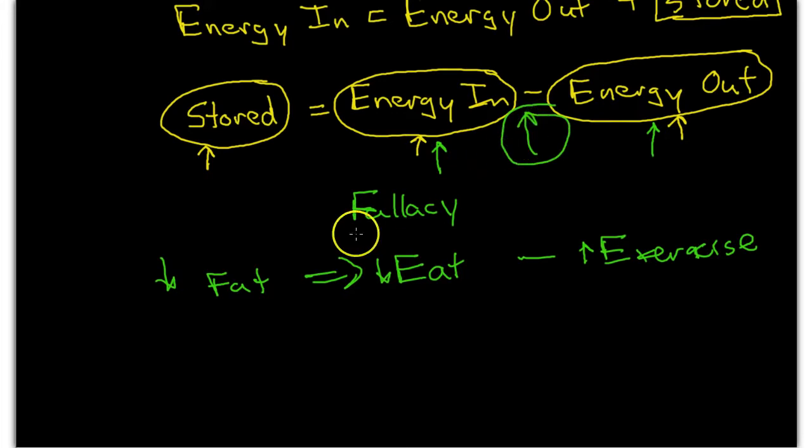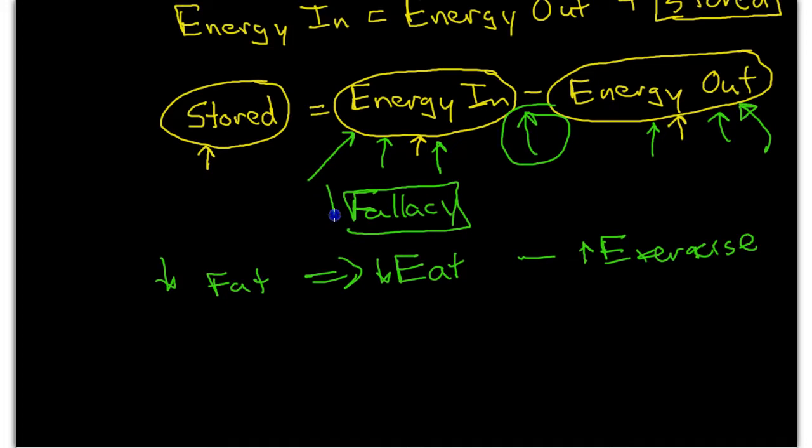But this is a fallacy because it assumes that we have conscious control over energy in and energy out, when in fact we have limited control over different aspects of this equation, because our body is constantly modulating the amount of energy we take in through our appetite, and we have very little conscious control over most of the energy that we use in our body on a day-to-day basis.